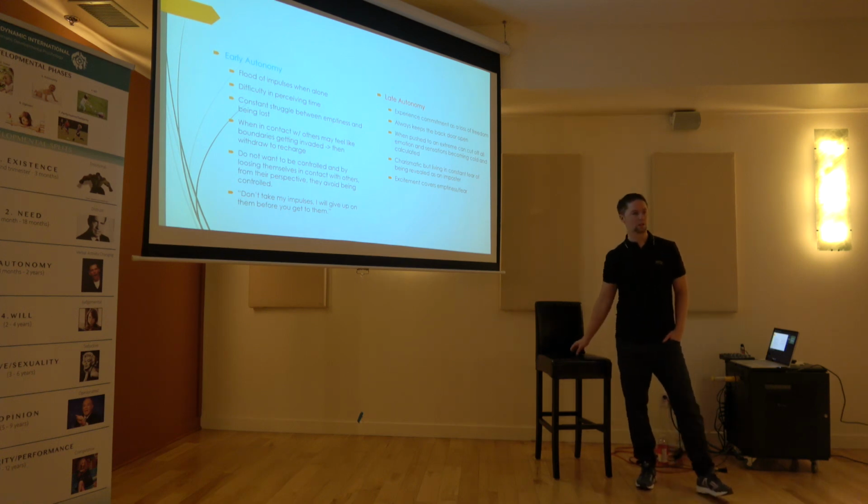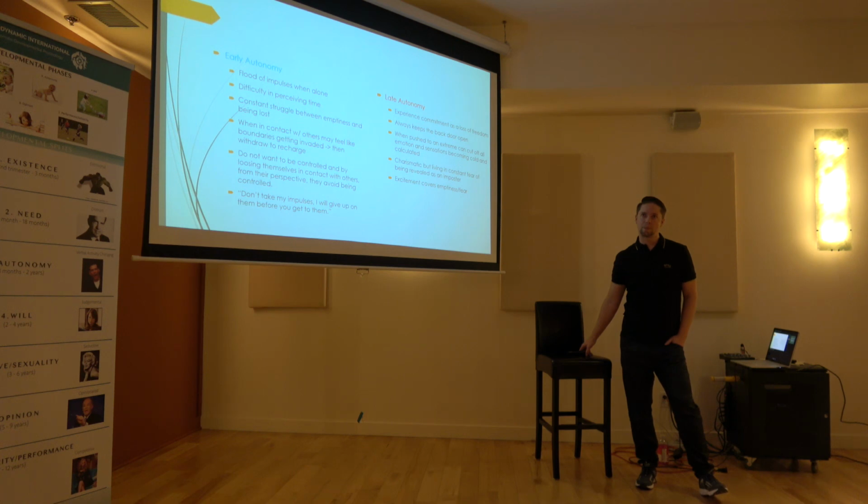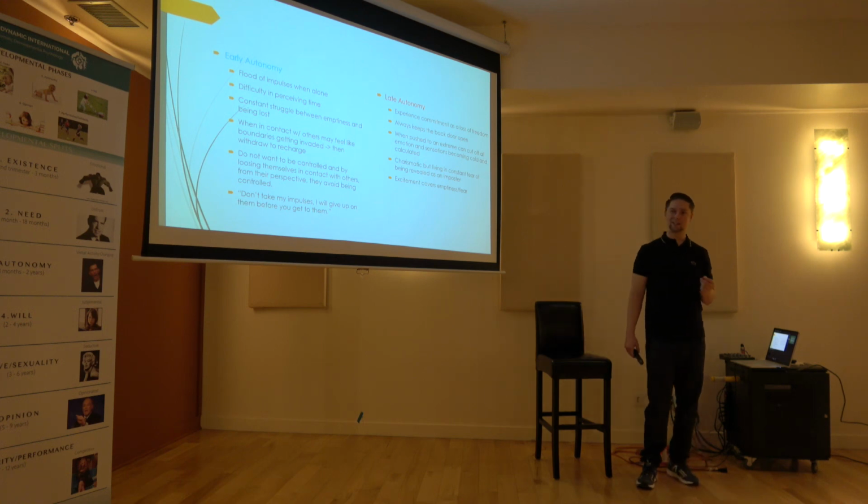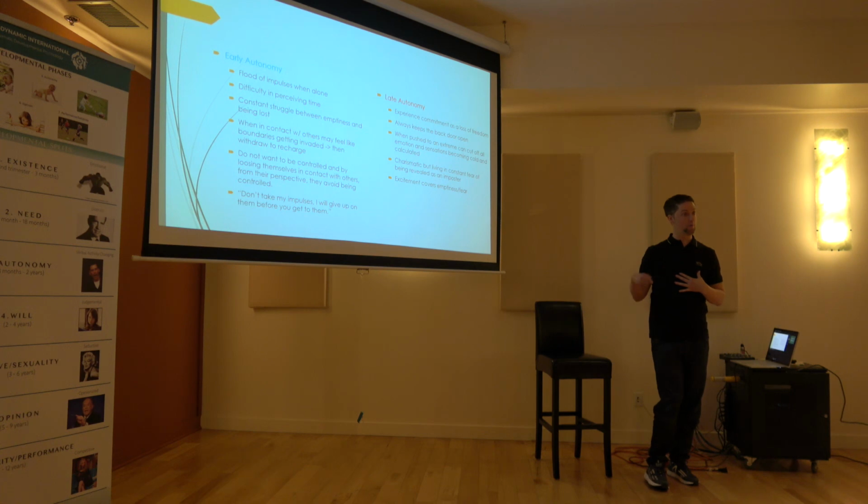Early autonomy people can sometimes be really drawn to social situations and high energy environments because they're really stimulating. Does that make them an introvert if they're really drawn to a lot of stimulation? Not really. But if their energy management isn't really good and they become overwhelmed really easily, then that would make them an introvert.